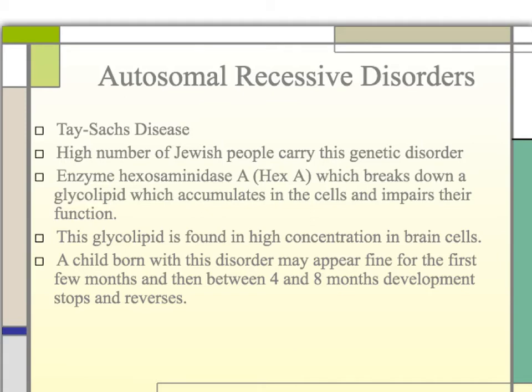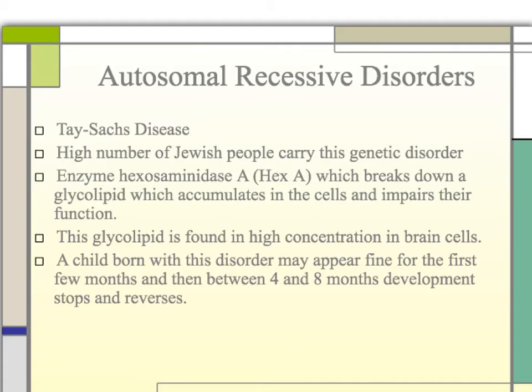But because they do not go out and mingle their genes, we could say, with the regular population, this gene has gotten into that genetic pool and it's kind of stuck there. So we'll see a lot more carriers within this group than outside, and because you have a higher number of carriers, that increases the potential of their offspring being born with Tay-Sachs.